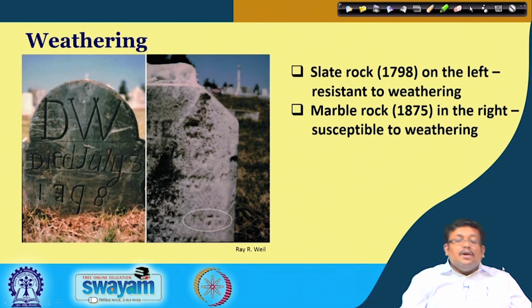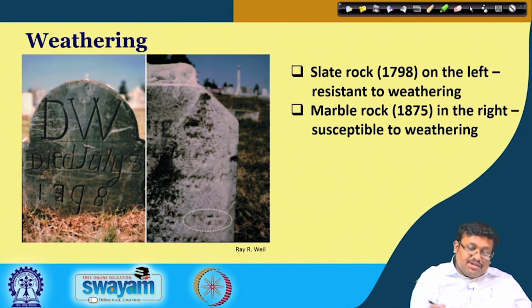Now, all these rocks are precursors of soil formation, and weathering basically starts from these rocks. Depending upon the chemical nature of the rock, they vary in their susceptibility to weathering.